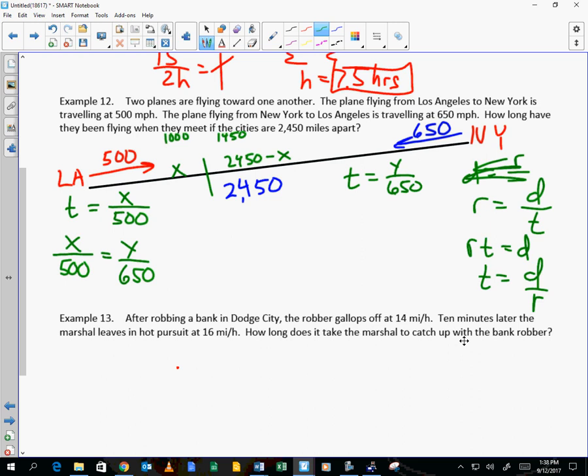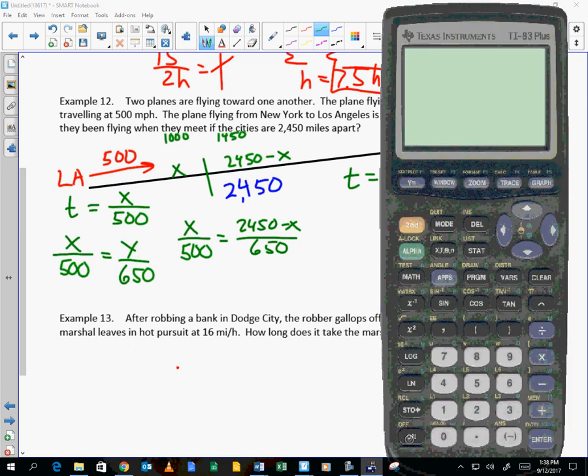So now we have an expression that involves x. So now I can change this. I have x over 500 equals 2,450 minus x over 650. How do I solve that? Cross multiply. And here we go. I have 500 times 2,450. I get 1,225,000.